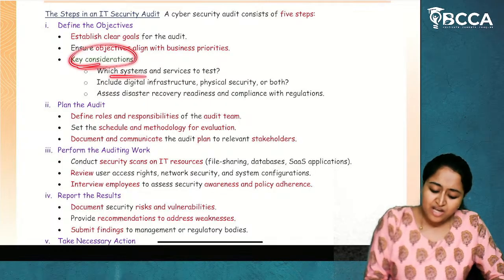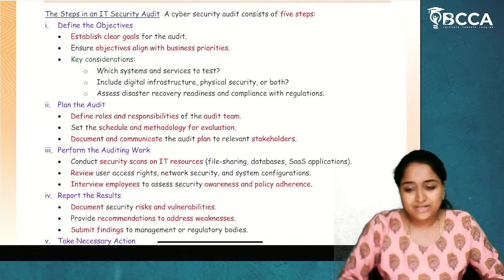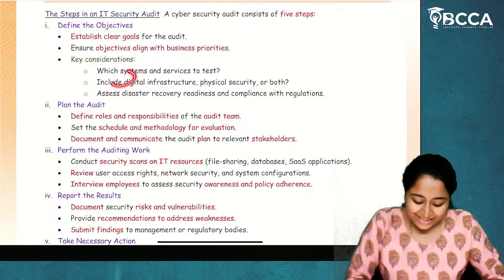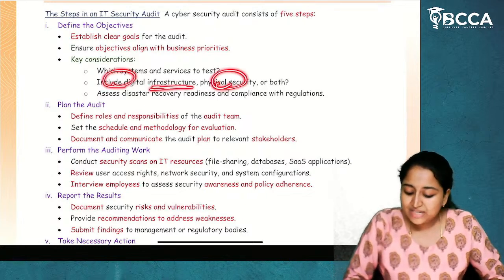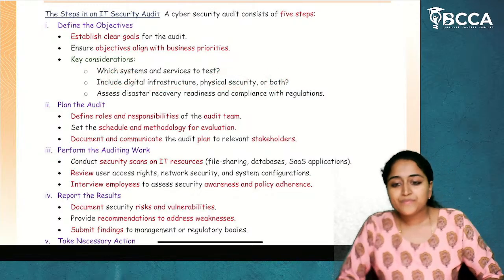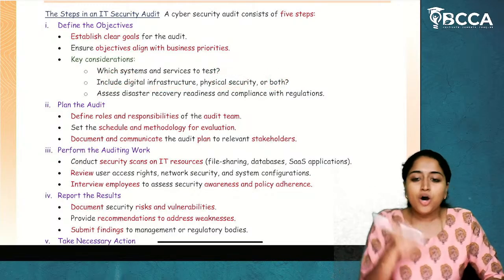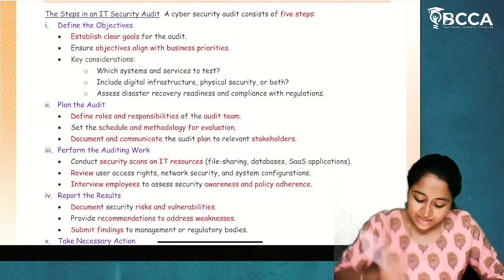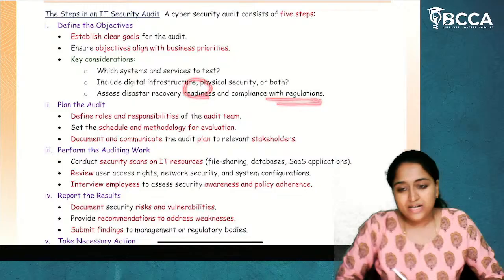Key consideration: which systems and services to test. What system are we going to test? What services are we going to test? Include digital infrastructure, physical security, or both. Am I going for physical security or for infrastructure? Assess disaster recovery readiness and compliance with the regulations.